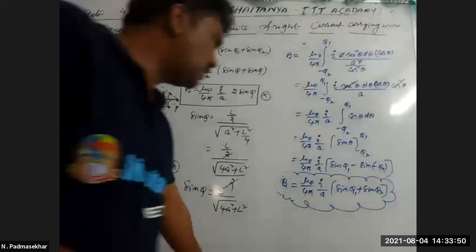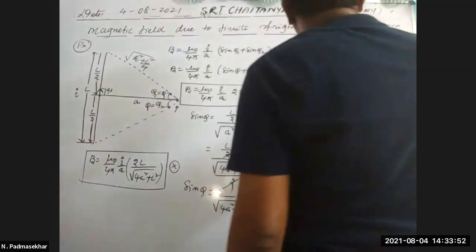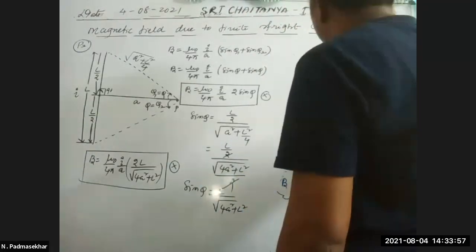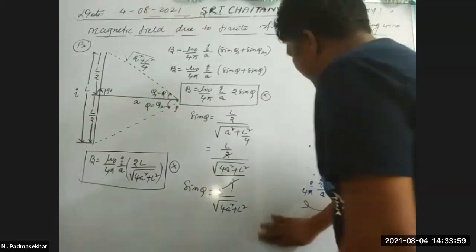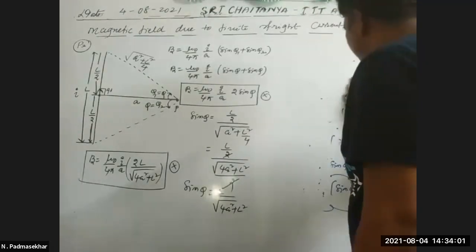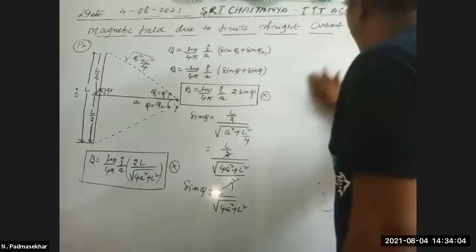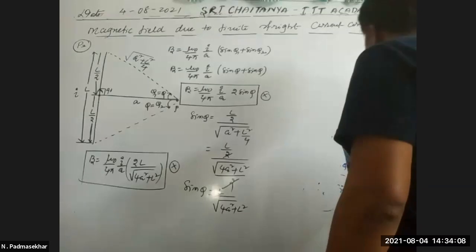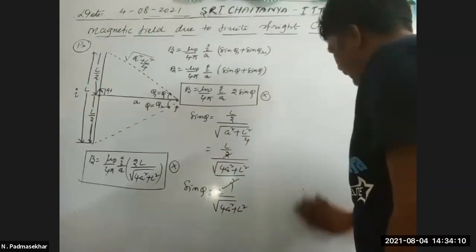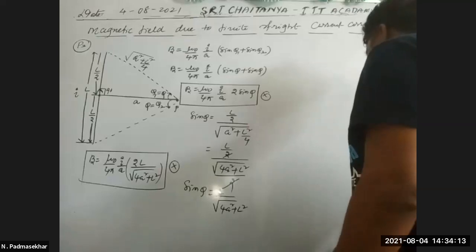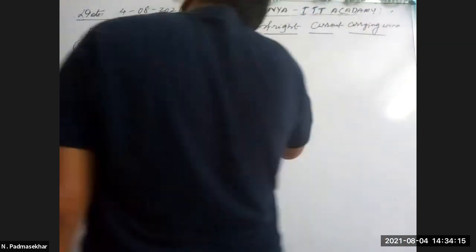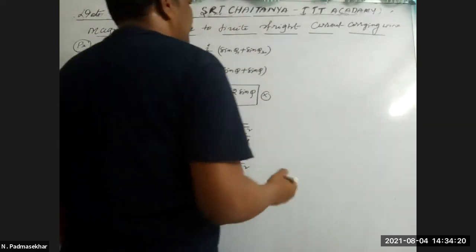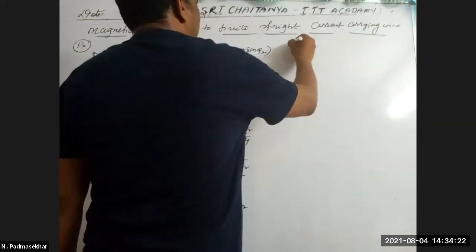Suppose there is a finite conductor, and we want the magnetic field exactly at one end of the conductor, at a perpendicular distance A from that end.